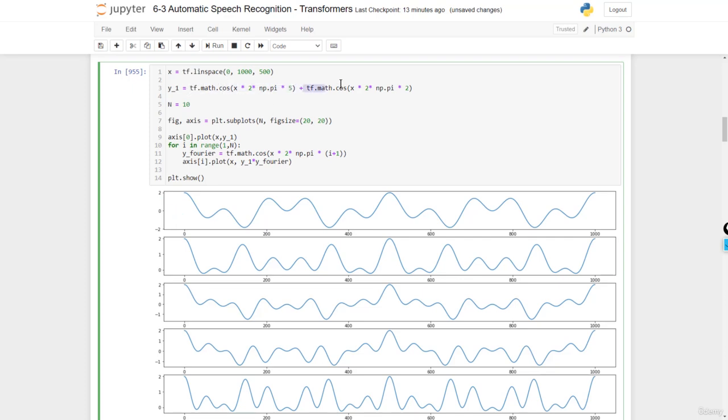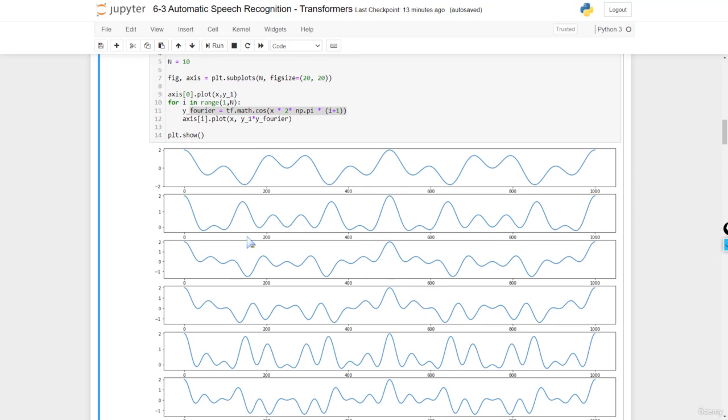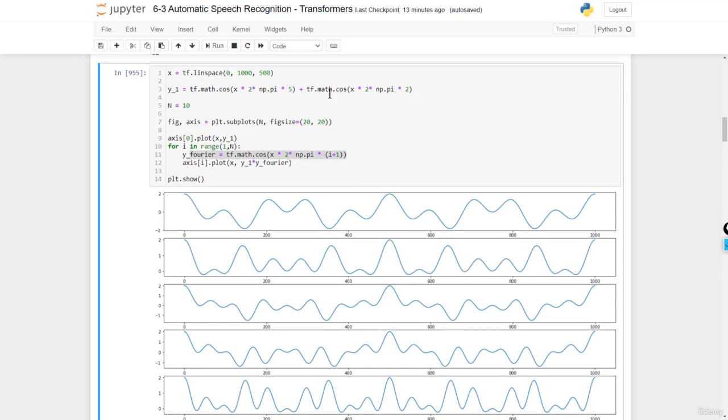So having this input signal now and multiplying it with these different cosines right here, we obtain these results which we get here. We notice that from the onset we have the signal here, unlike previously where we only had one of the signals, which was when the frequency matched up with this 5.